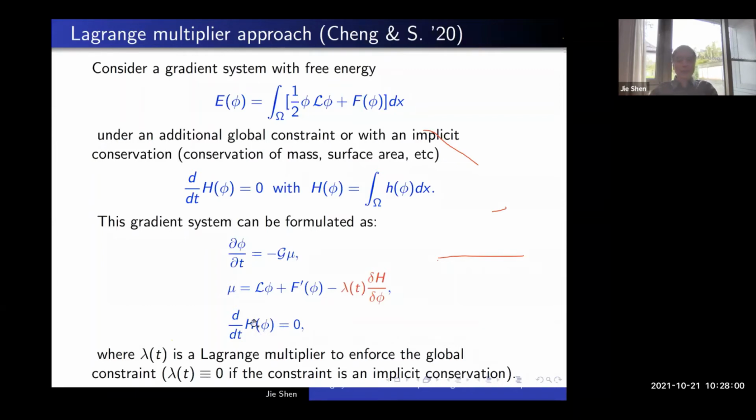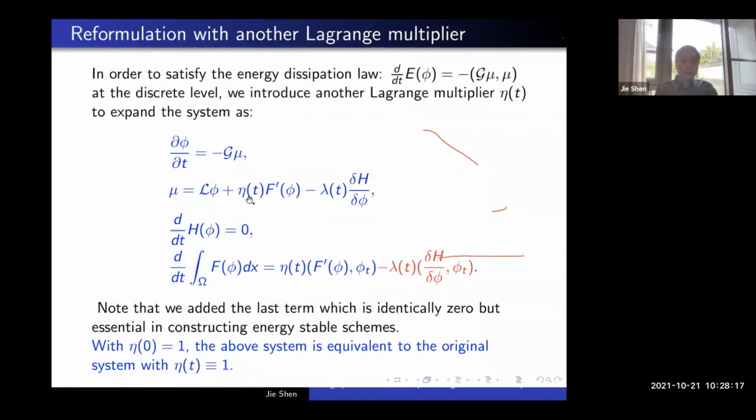But you also would like to satisfy the energy dissipation, right? It's a gradient flow, so you have energy dissipation. So we are going to introduce another Lagrange multiplier, eta(t), to enforce the energy relation.